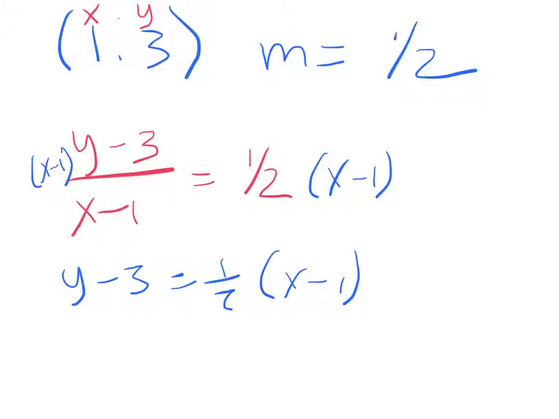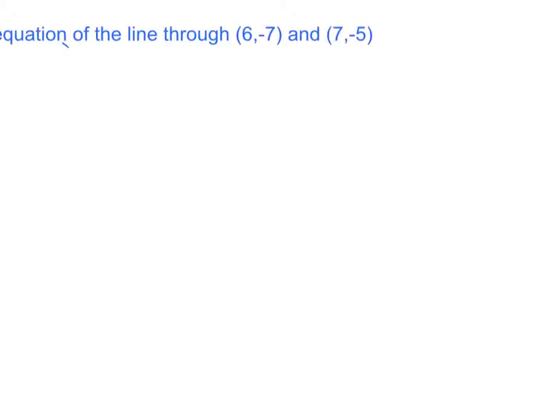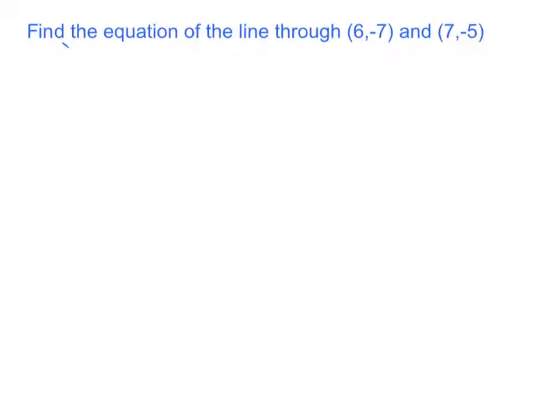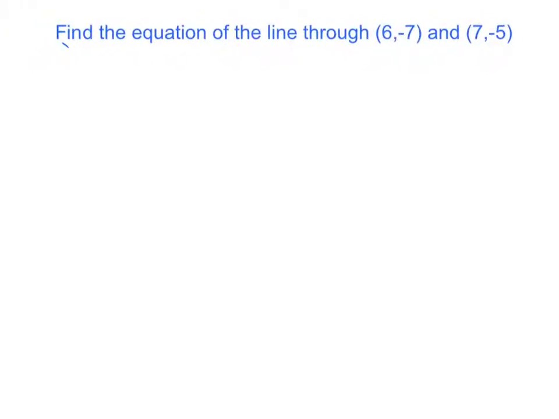You probably are noticing that whatever this denominator is always just appears right here. So we're going to extend and say, okay, let's find the equation of the line through the points, let's say 6, -7, and 7, -5. You'll notice what's missing here is that we don't have the slope, but we can easily find the slope.